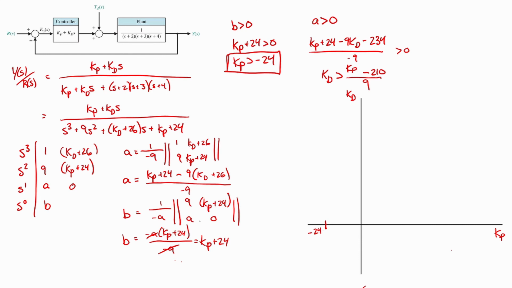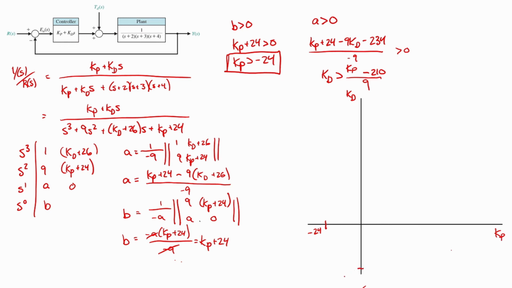And we can figure out the intersect with the Kd axis if we set Kp equal to 0 in this equation up here. Okay, so we have negative 110 divided by 9 gives us negative 23.33.